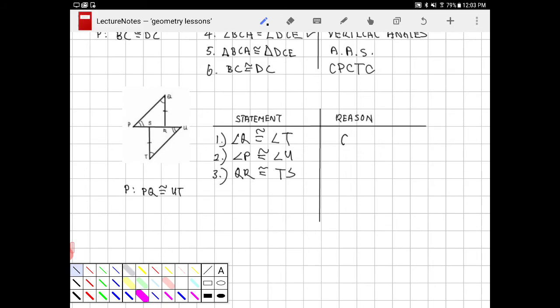So immediately, just from this set of givens here, I already know that triangle PQR will be congruent to triangle UTS. And this is because of angle, angle, side. For my fifth statement here, I can immediately jump to say PQ is congruent to UT because of CPCTC.